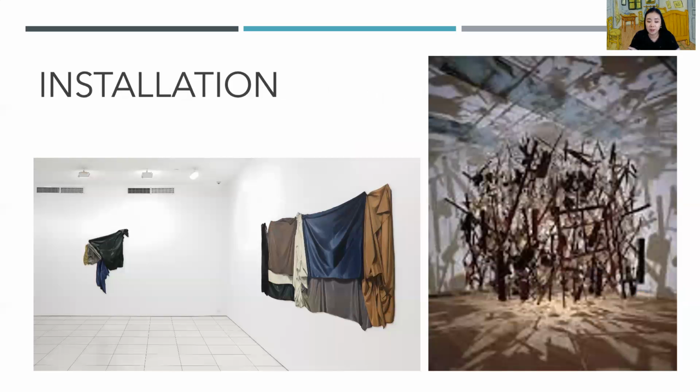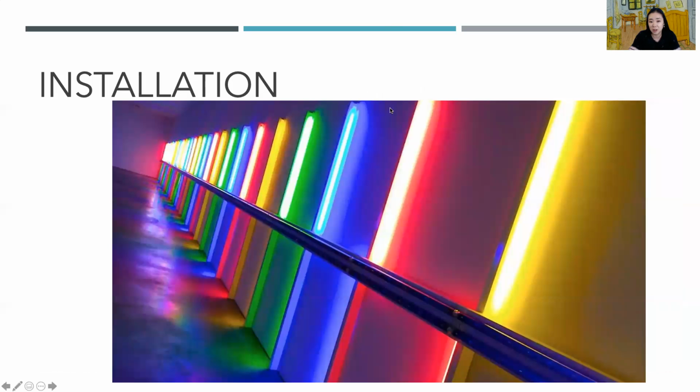And the next art style is installation. Installation art is an artistic genre of three-dimensional works that often are site-specific and designed to transform the perception of a space. And many minimalist artists use the installation style to show their work.